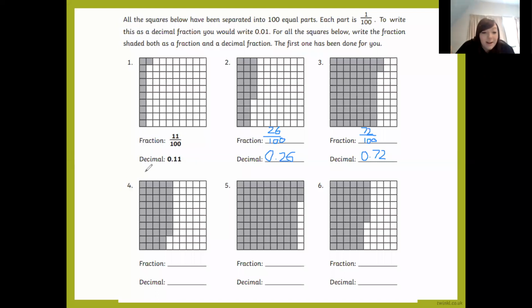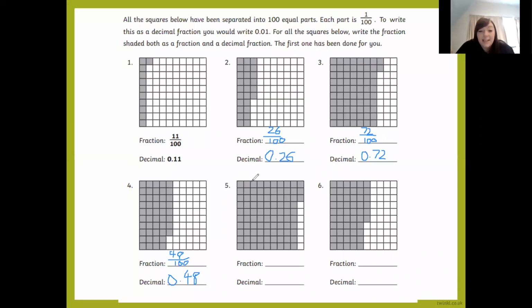The next one, we have 10, 20, 30, 40, 48 out of 100 equal parts, 48 hundredths. To write that as a decimal, it's 0.48.